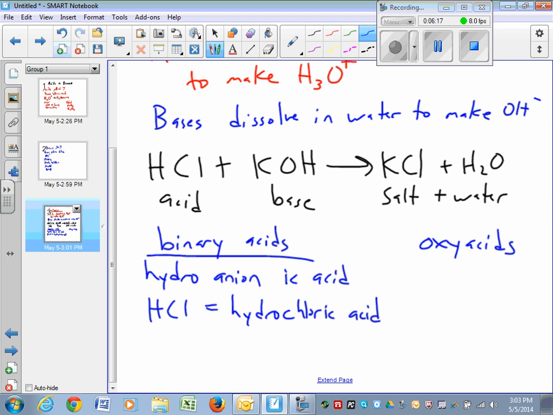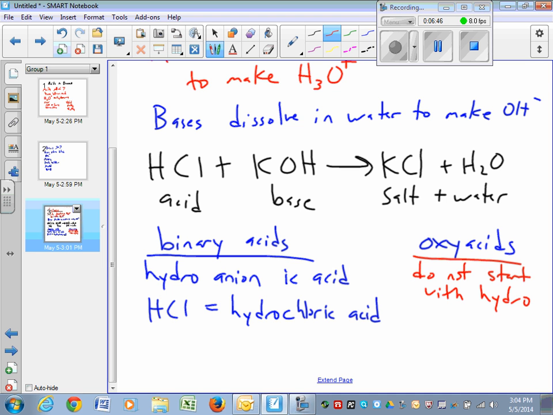Oxyacids are the ones that come from polyatomic ions. So you need to know the name of the polyatomic ion in order to name the acid. Oxyacids do not start with hydro. What you're going to do is take the name of the anion and you're going to change it.